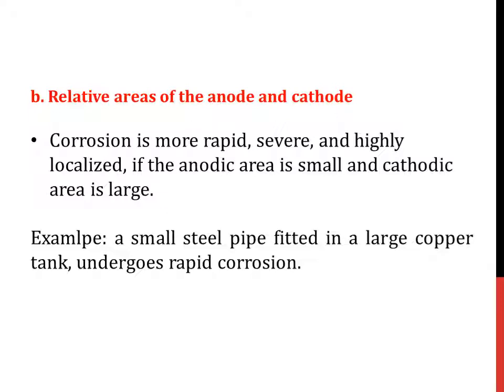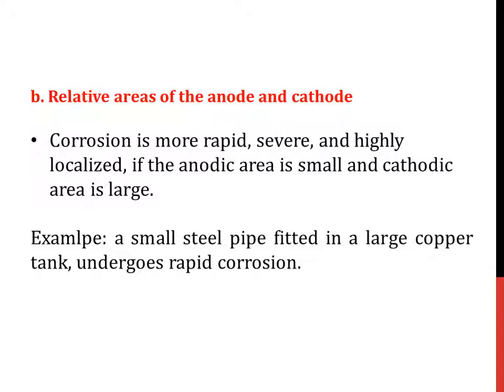Corrosion is more rapid, or highly localized, when the anodic area is small and the cathodic area is large. Why? Because a larger cathodic area demands more electrons from the anodic area. So near the anodic area, to fulfill the demand of the cathodic area, the anode undergoes rapid corrosion.